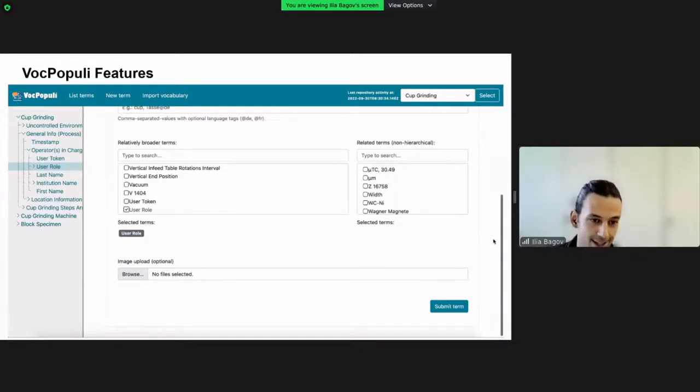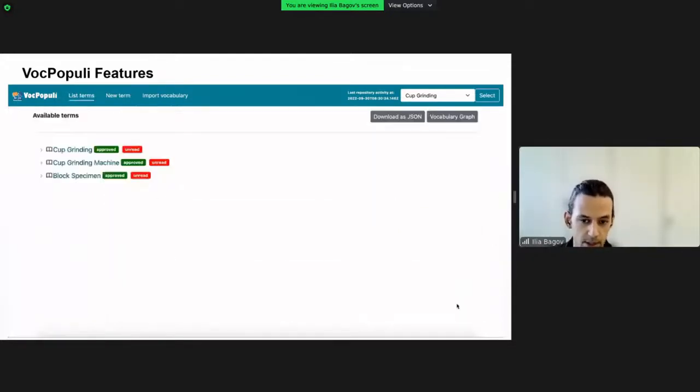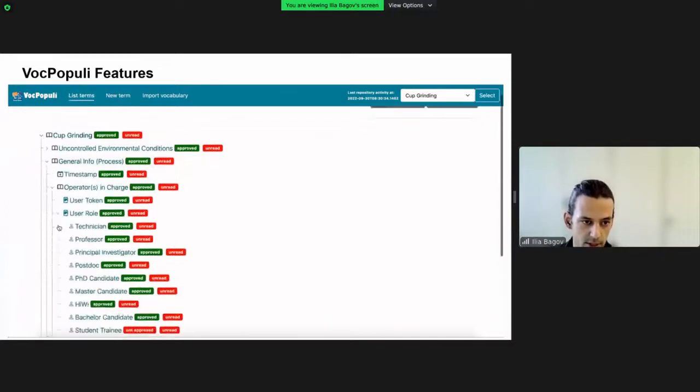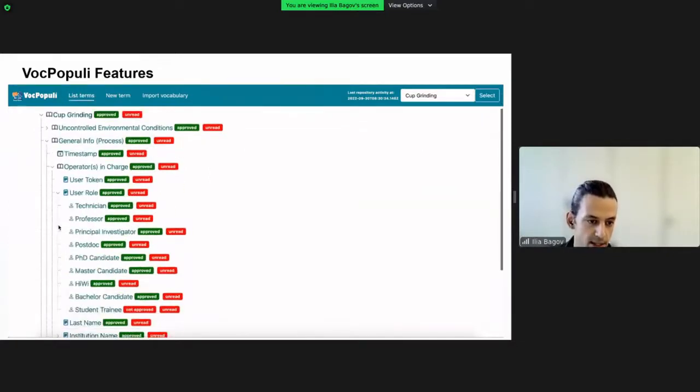Now, that's a lot of terms there, but that's basically the gist of it. And we also have so-called related terms, which are related to the one being defined, but not in a hierarchical fashion.